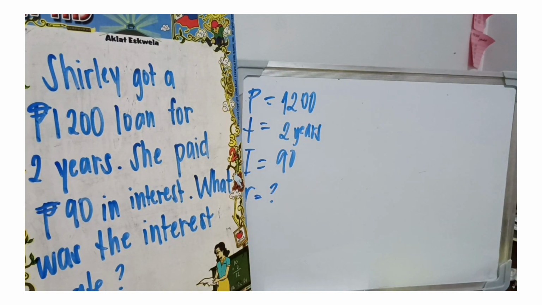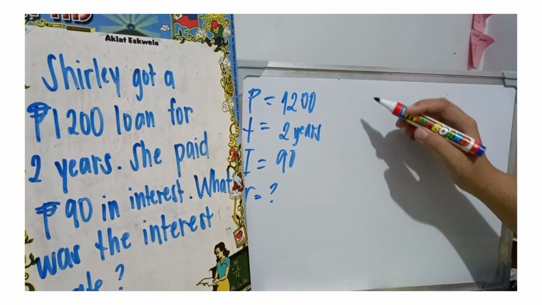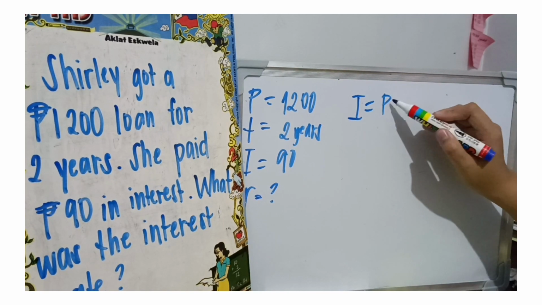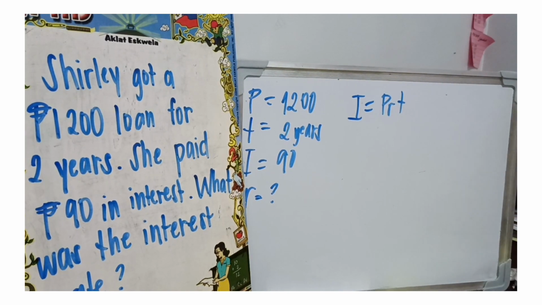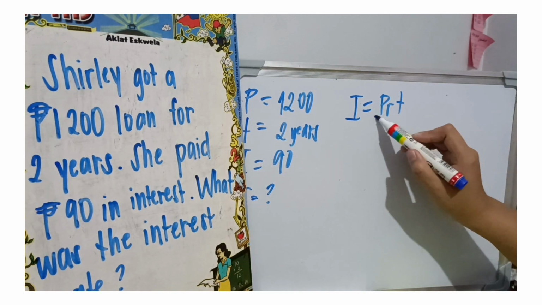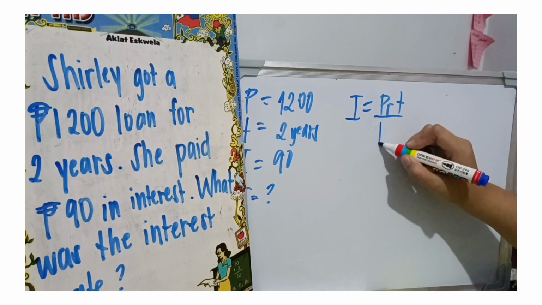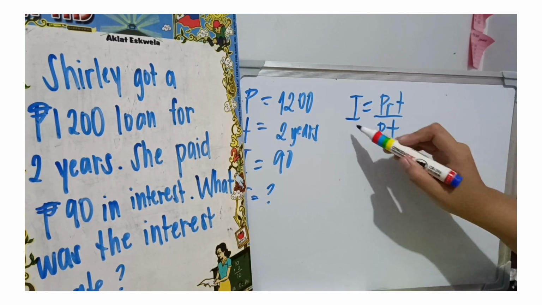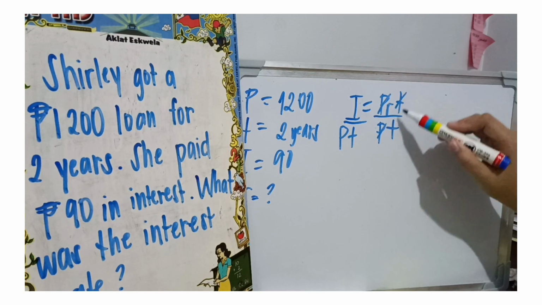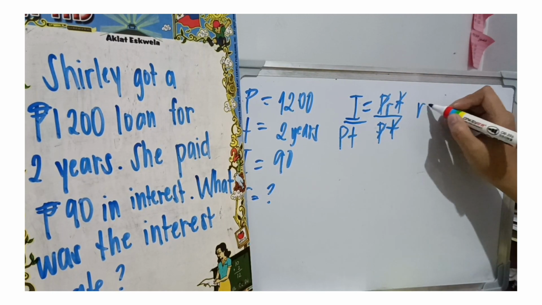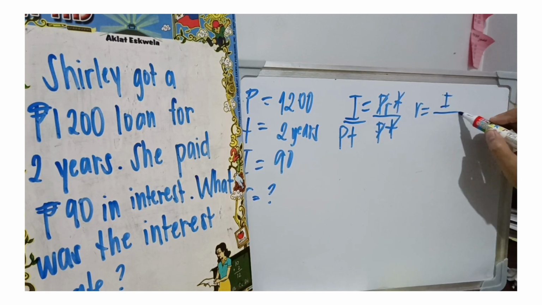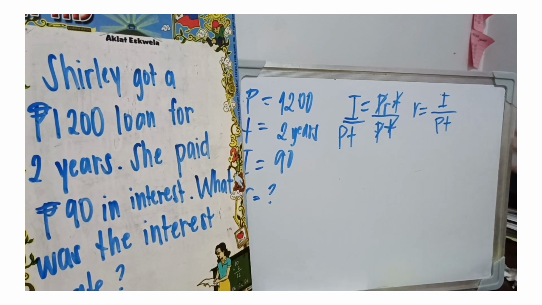So, our formula for simple interest is I = PRT. Here, we just convert it to solve for the interest rate. We divide both sides by P and T. So, we cancel, and what remains is R = I over PT.